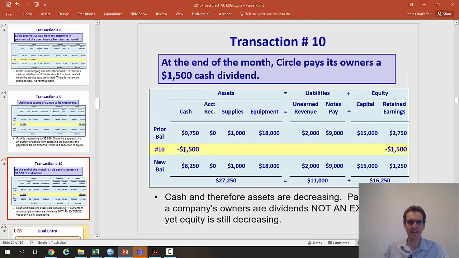Let's now have a look at transaction 10. Transaction 10 says at the end of the month, Circle pays its owners a $1,500 cash dividend, right? Remember that we are still treating the business, like always, as a separate entity.